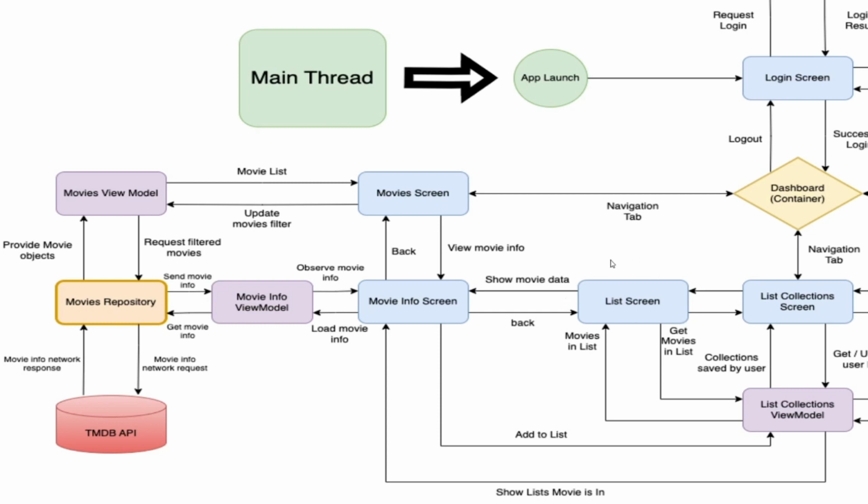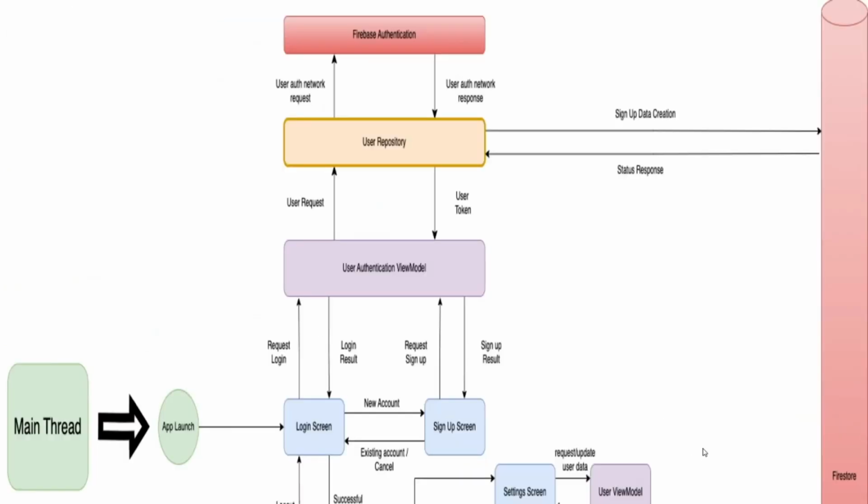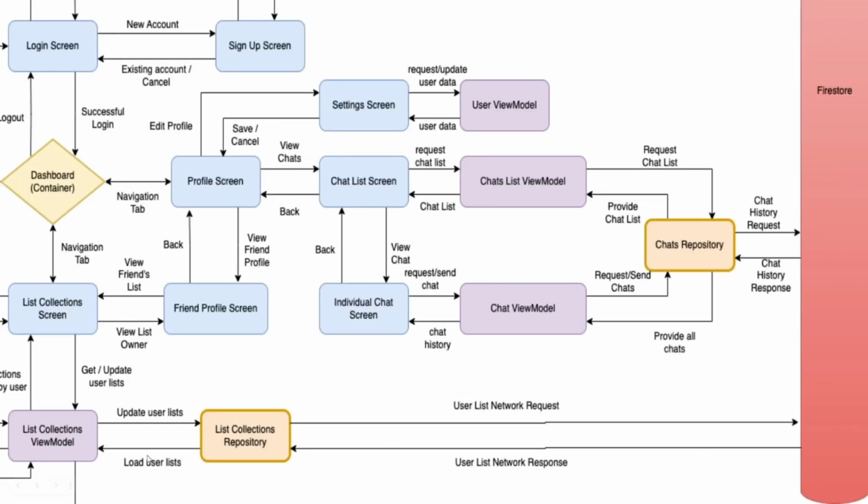And of course, that leads to the movie info screen when you click those individual movies, and that list collection screen interacts with the list collection view model, which of course interacts with the Firestore database here through the list collection repository.